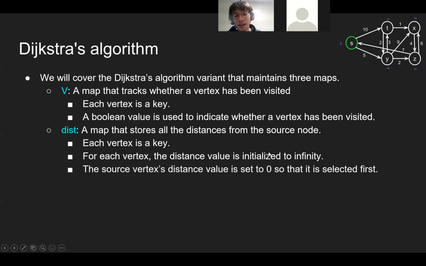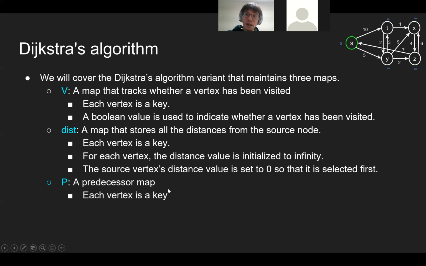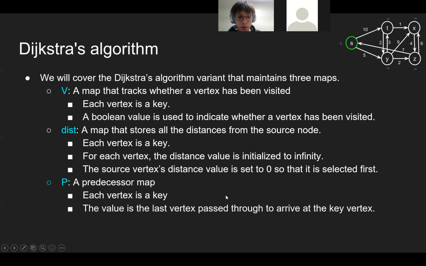It's initialized to infinity, or in code, you'd initialize to the maximum integer or whatever. And then the source vertex's distance value is set to 0 because the distance to yourself is 0, so we make sure it's selected first. We also have a predecessor map, where the vertex is the key and its predecessor is the value, and it's initialized to null.